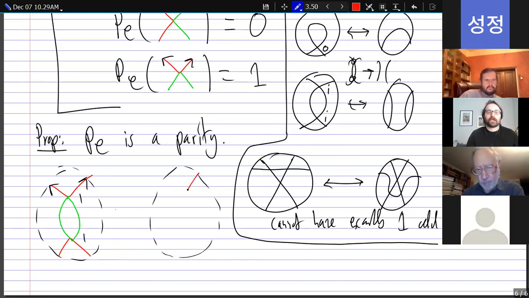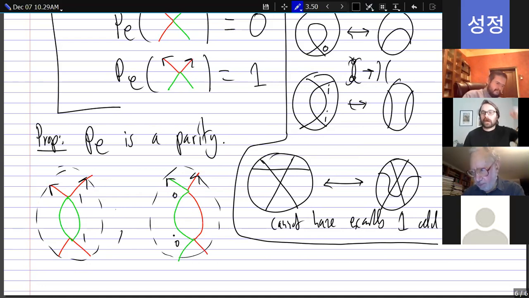And the only other possible configuration is like this, in which case they're both even. And so you can quite quickly make the combinatorial check and verify that this is a parity.